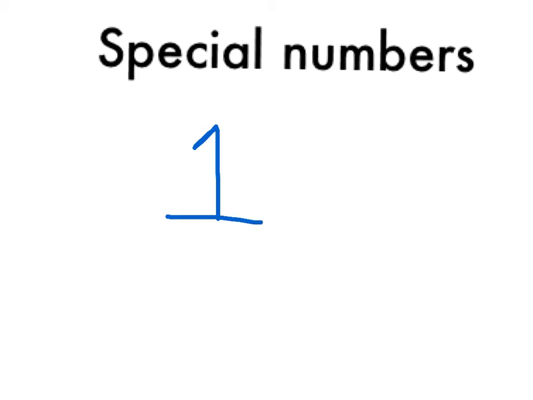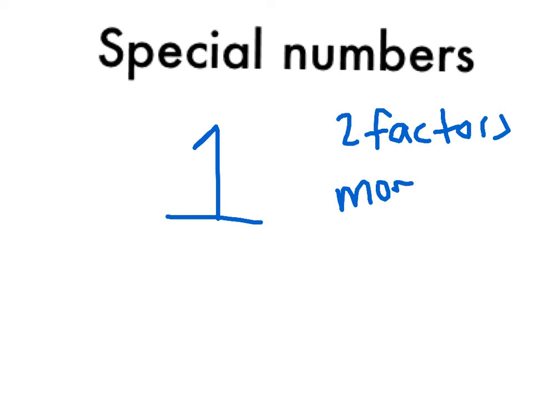Our 1 is special because it is not a prime or a composite number. A prime number has to have 2 factors, right? And a composite number has to have more than 2 factors.